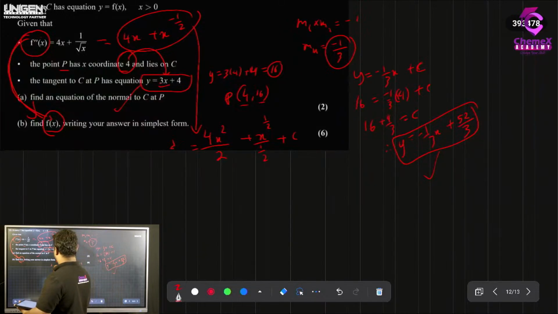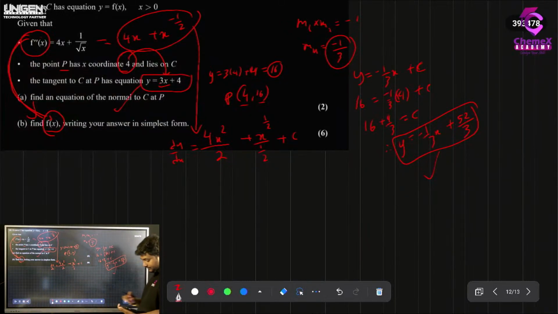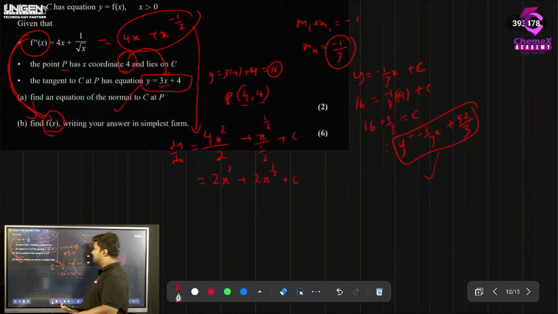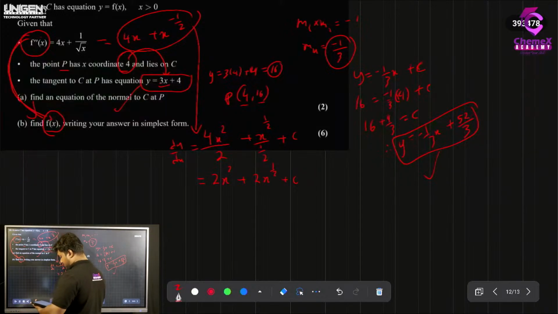equals dy over dx or f dash x. Then you know that 2x squared plus 2x to the power half plus c equals f dash x.